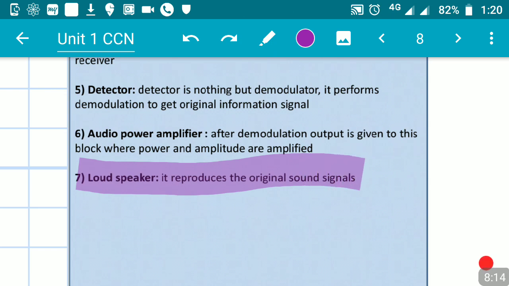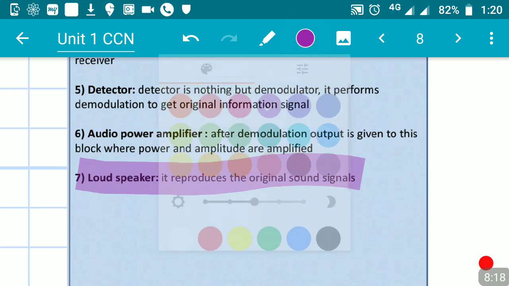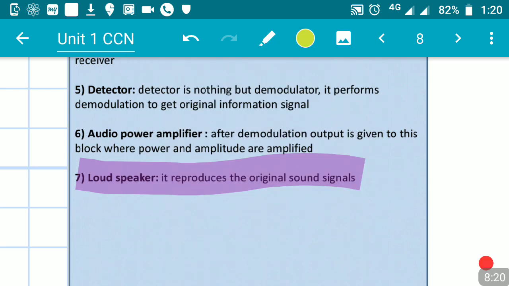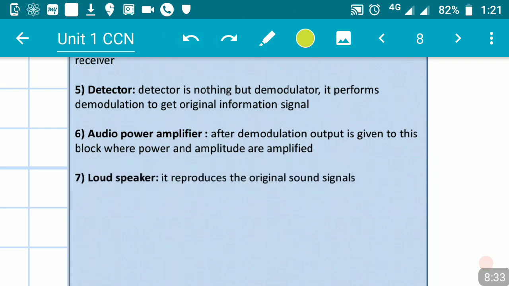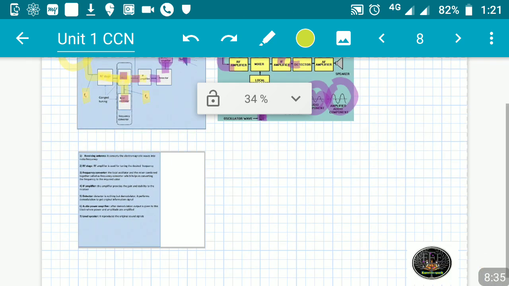The function of the loudspeaker is that it reproduces the original sound signals. That is the last block, the loudspeaker. All these blocks put together become the superheterodyne receiver.